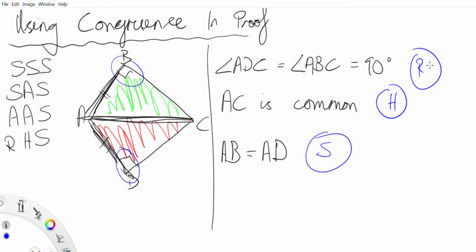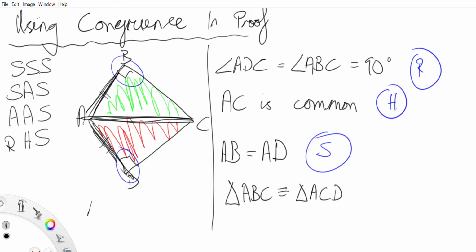So this fits that it's a right angle, hypotenuse, and a side length that are the same, so we are proving that these 2 triangles are the same. Then we just need to write triangle ABC, the green one, is congruent to the triangle ACD. That says that those 2 triangles are congruent.